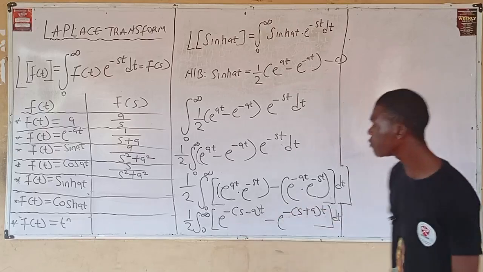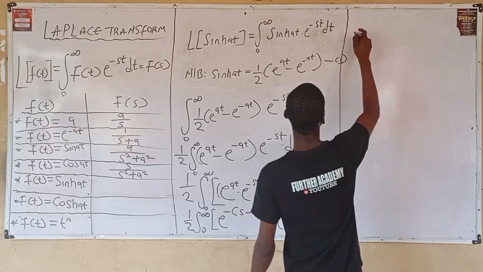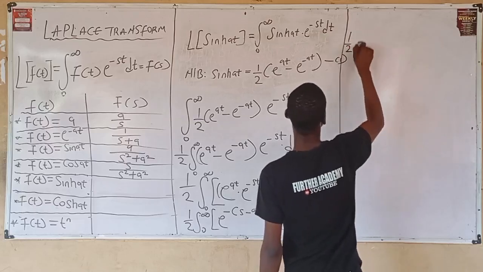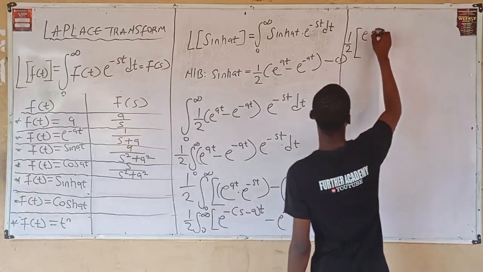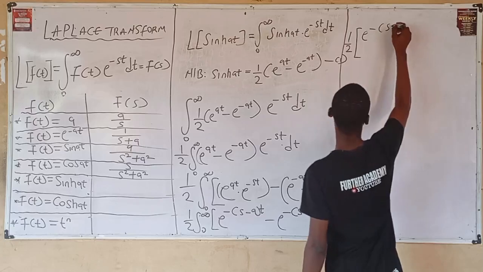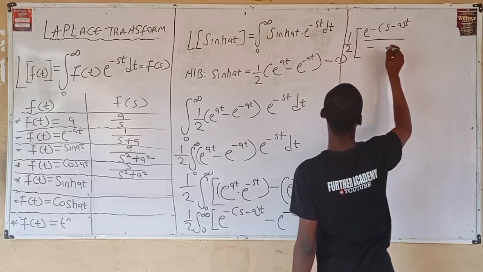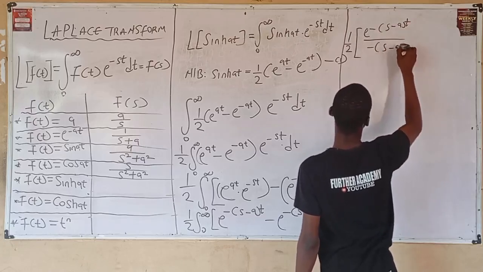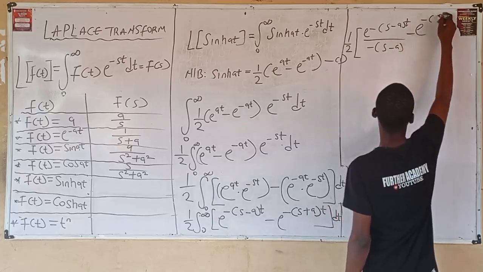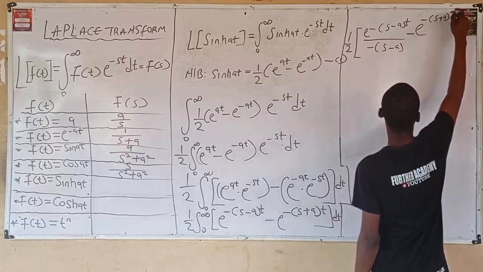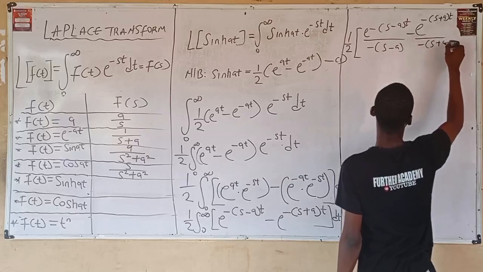Up to this level, let's integrate. It becomes 1 over 2 all into bracket: integrate this, meaning exponential negative (s minus a)t all divided by negative (s minus a), minus exponential negative (s plus a)t all divided by negative (s plus a).